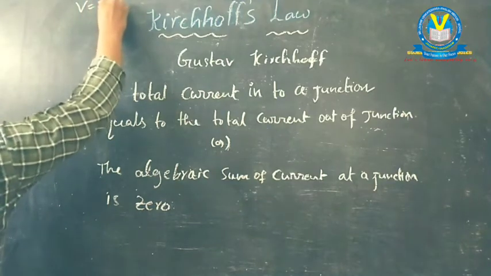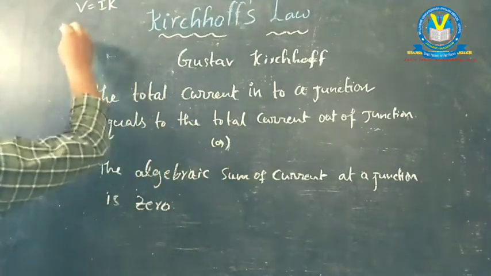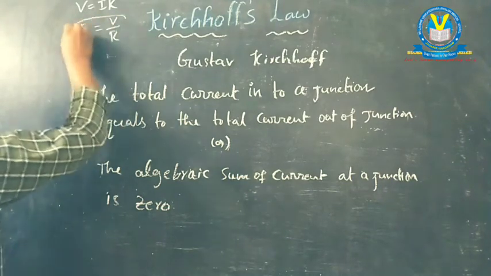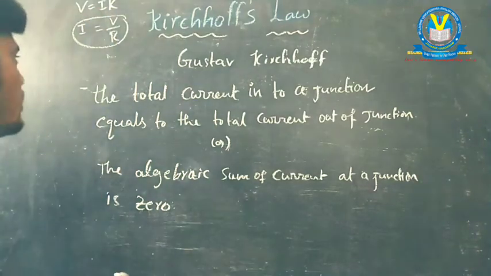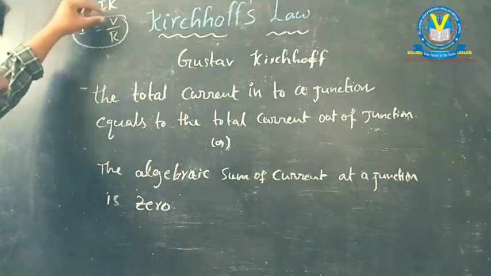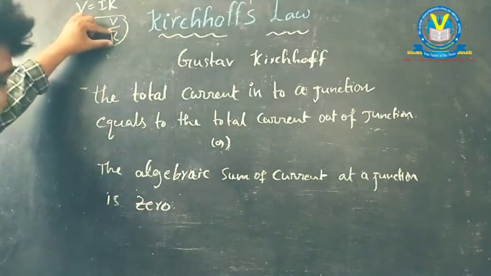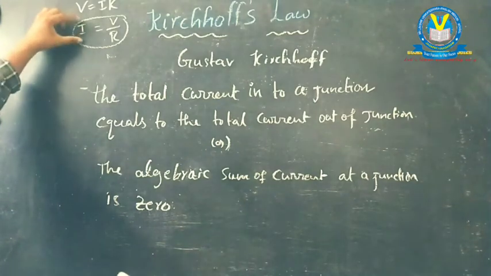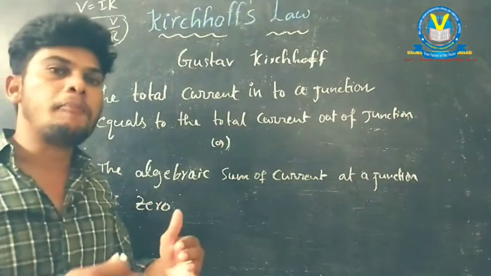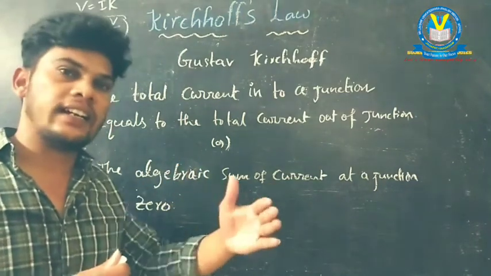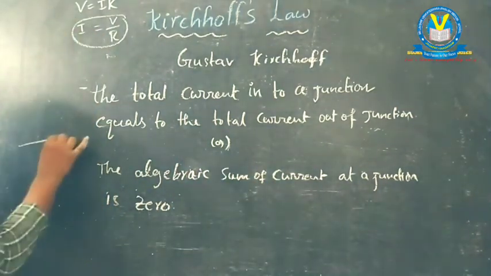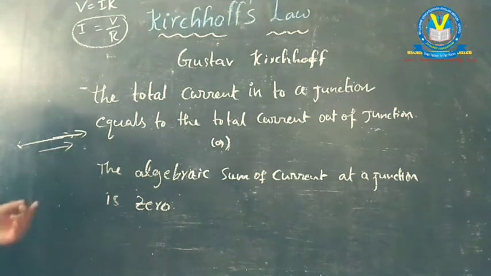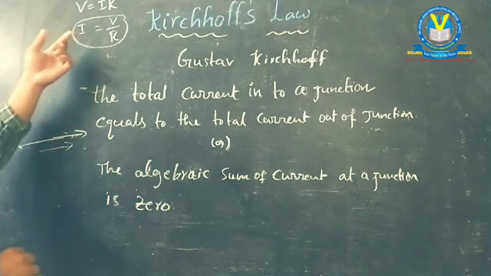V equal to IR, as well as I equal to V by R. By using the ratio of voltage and resistance, we can get the value of current, how much current flows through a circuit. But this formula is only applicable for a single conductor. I can find out the current flowing through this conductor by using the formula I equal to V by R.